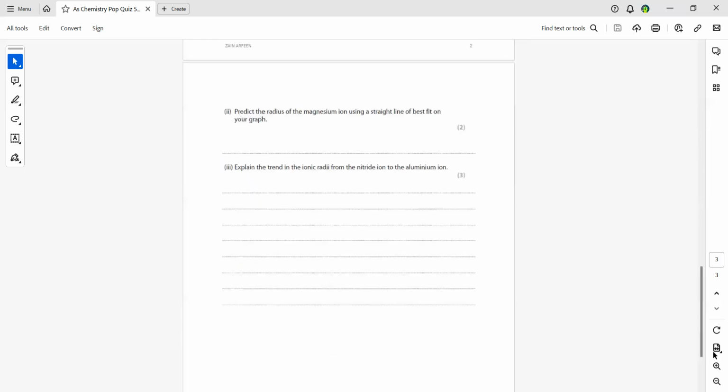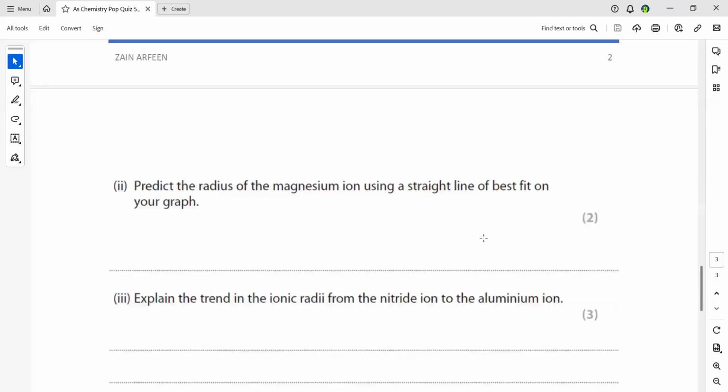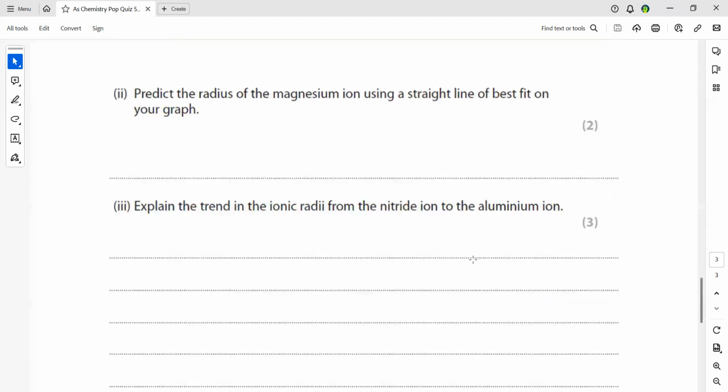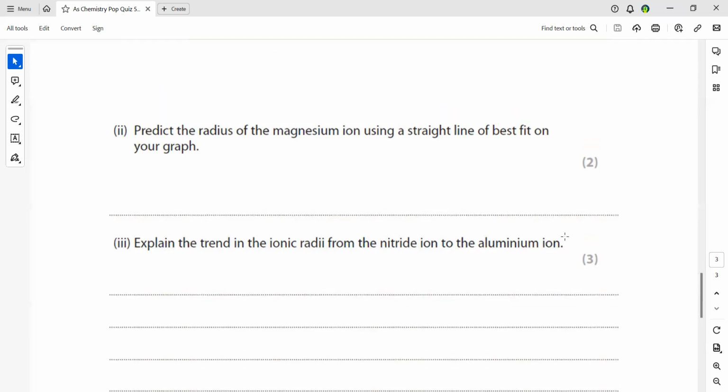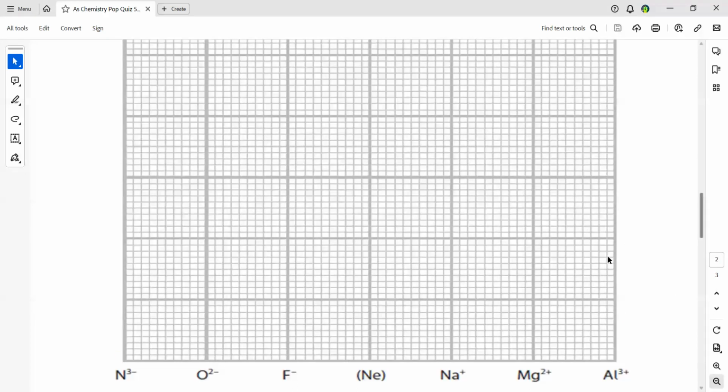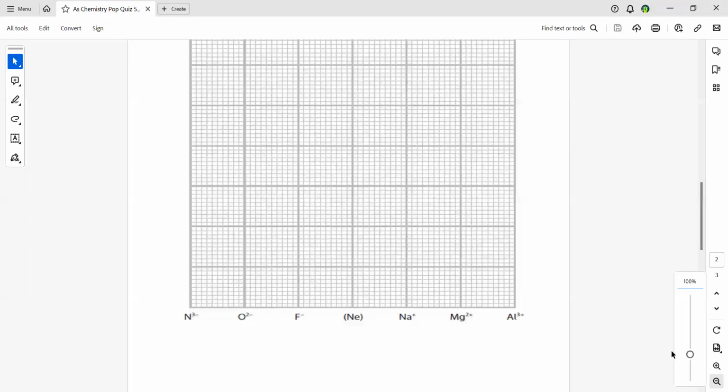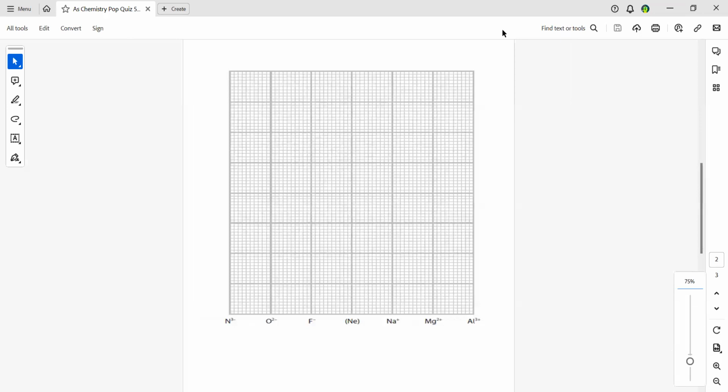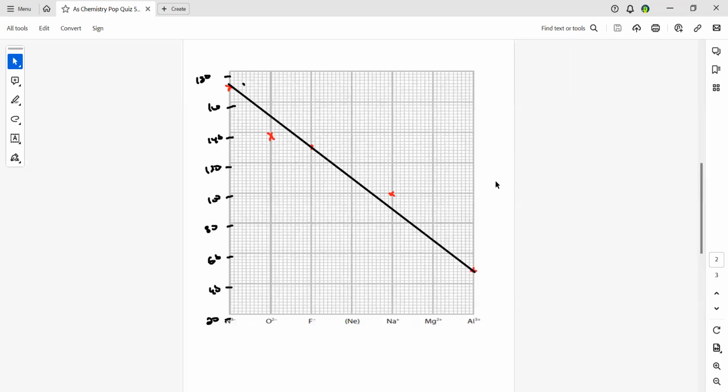Then we have: predict the radii of magnesium ion using the straight line of best fit on your graph, and then explain the trend in ionic radii from nitride ion to aluminum ion. It's of 3 marks. So how to work out the size of magnesium by using this line of best fit?